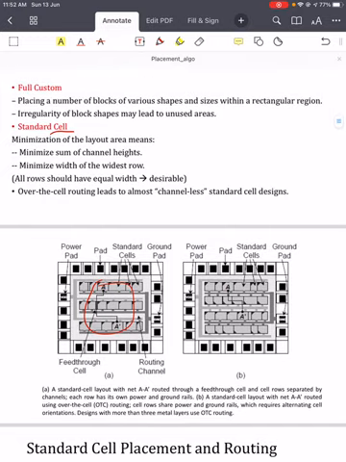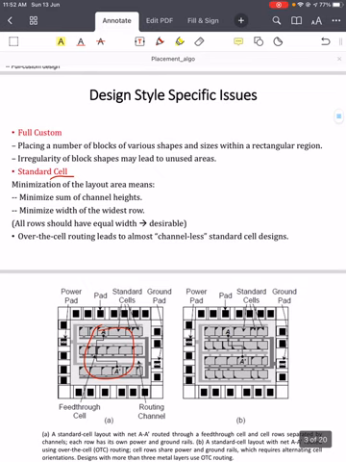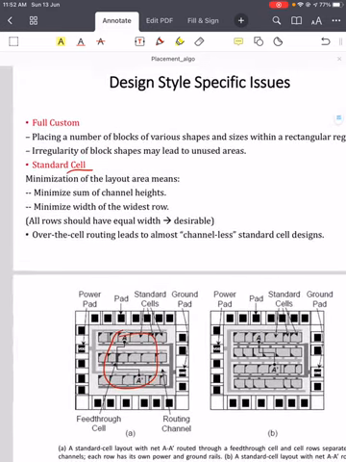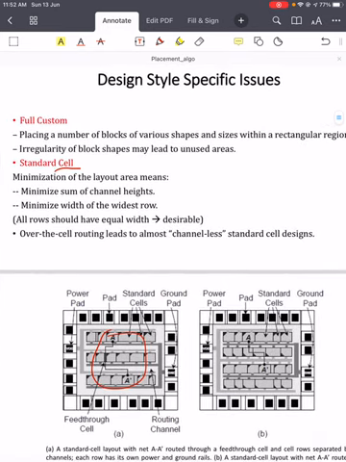Now let me get back to the placement problem, which deals with the minimization of the layout area. In standard cell based design, placement has less freedom. In this context, the objective of placement is to minimize the height of the channel region, that is, to minimize the sum of all the channel heights, meaning all the spaces between the rows.